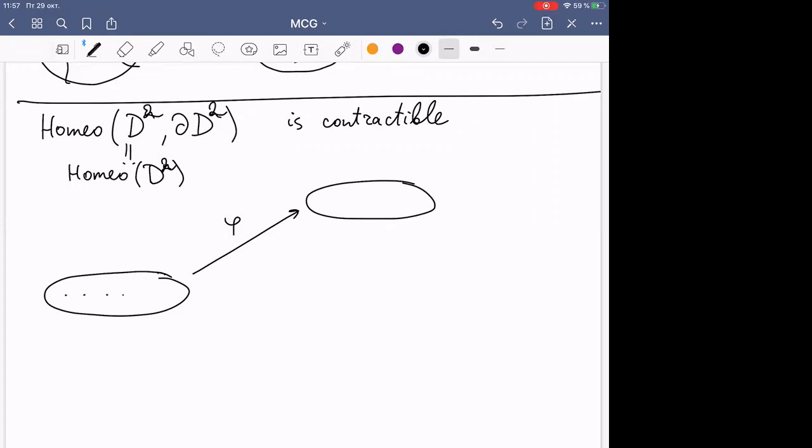The chosen collection of points P_1, ..., P_n is mapped to the chosen points P_1, ..., P_n here. Now I consider an isotopy. This will be the time parameter.